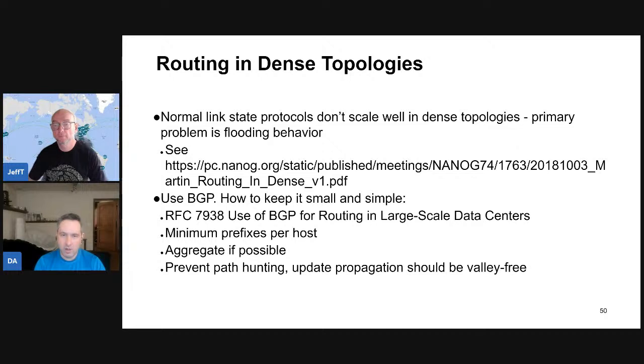Basically, every top of the rack switch has its own AS number. All the spine 1 switches within a block share the same AS number. And then the entire top of fabric shares the same AS number. That means announcements can only propagate the way we want them.